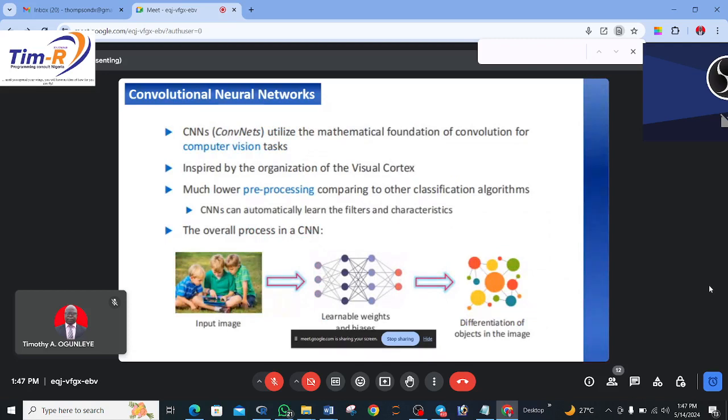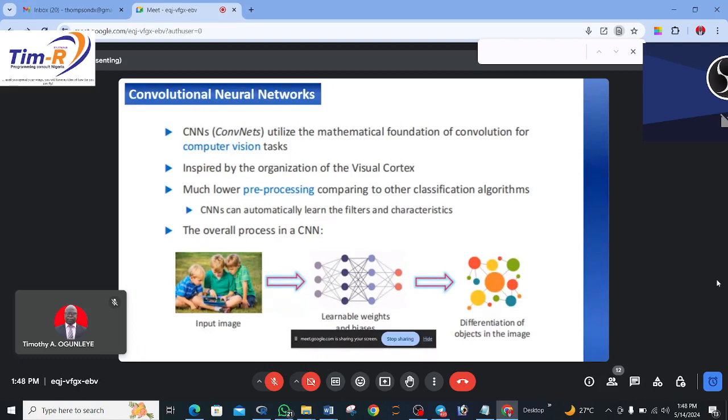And what is a convolutional neural network? A convolutional neural network, also called ConvNet, utilizes the mathematical foundation of convolution for computer vision tasks. It is inspired by the organization of the visual cortex, it needs much lower preprocessing compared to other classification algorithms, and CNNs can automatically learn the filters and characteristics of any feature.